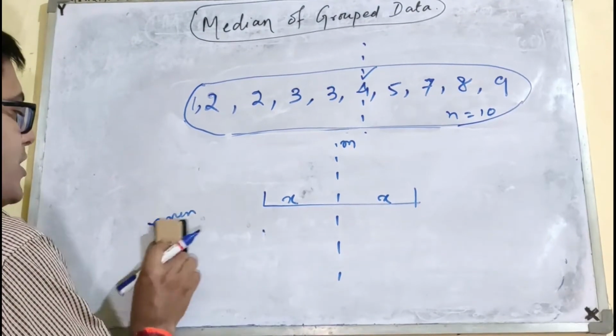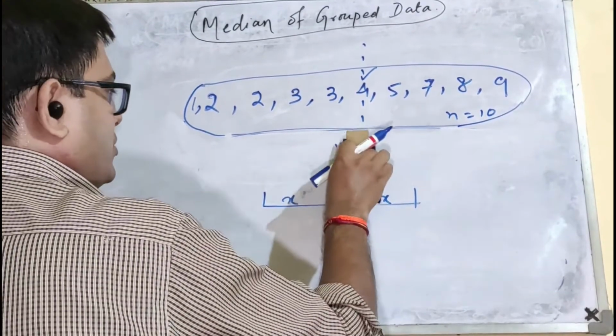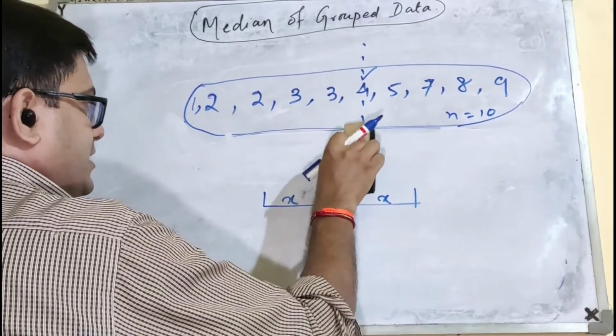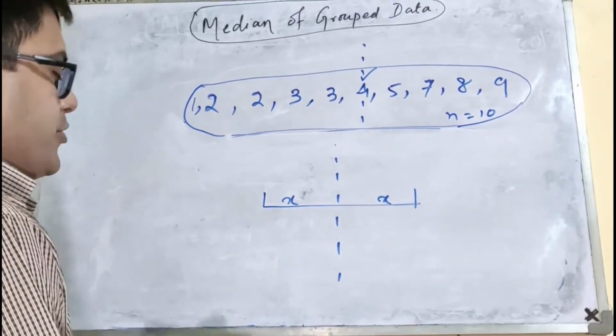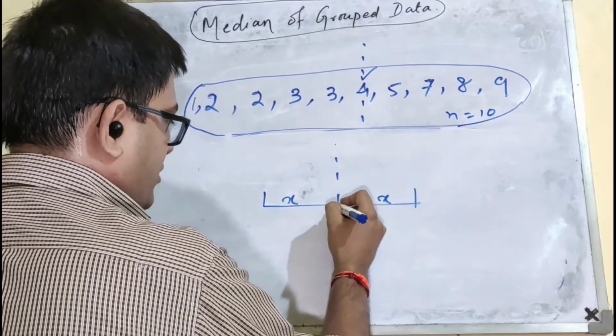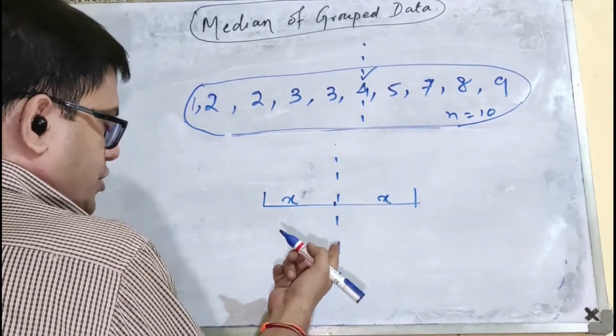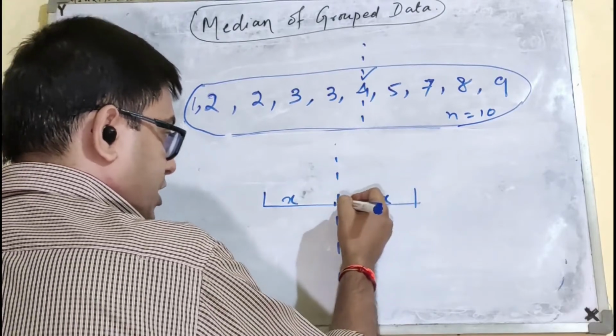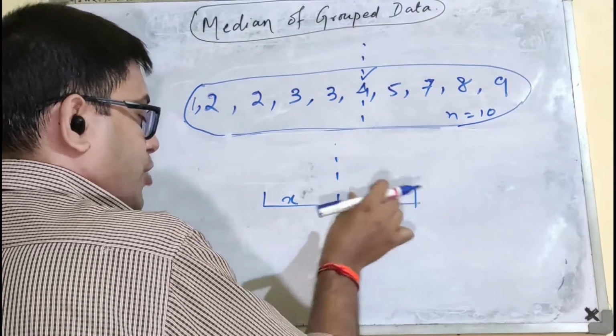So what we have to do is to understand that there would be 2 points: the xth point, which is the topmost of the bottom half, and the x plus 1th point, which is the bottommost of the top half.